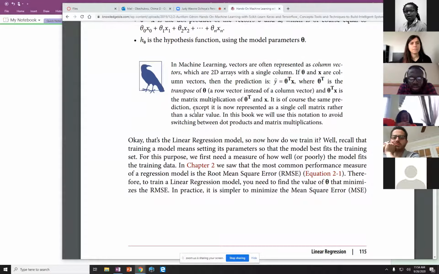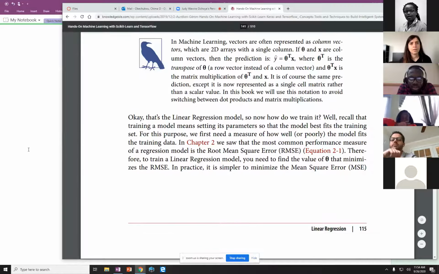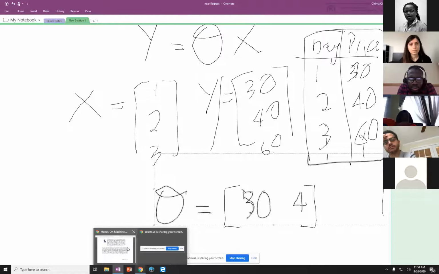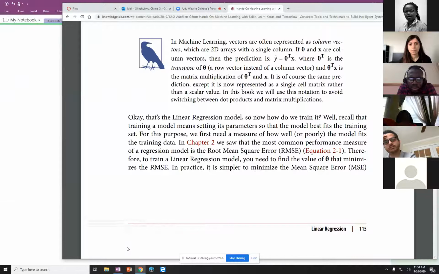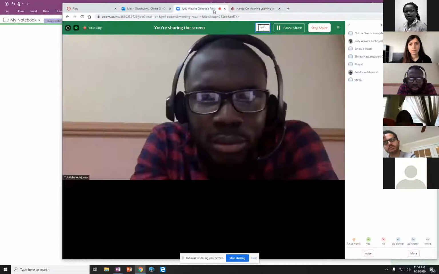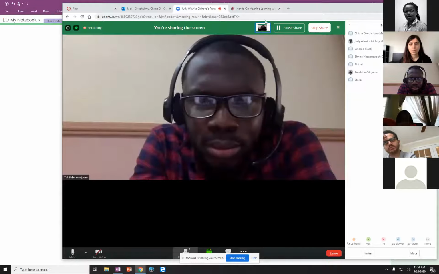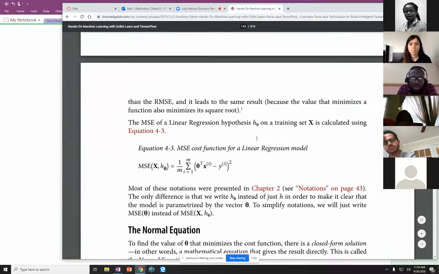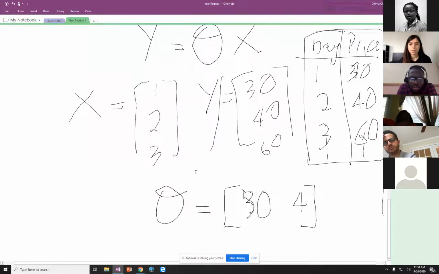I think where theta is 2 by 1. Let me see. It should be 2 by 1 times 1 by 2, but that would give you 2 by 2, which is wrong.